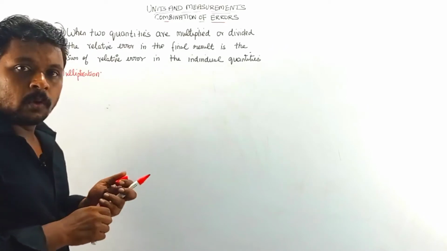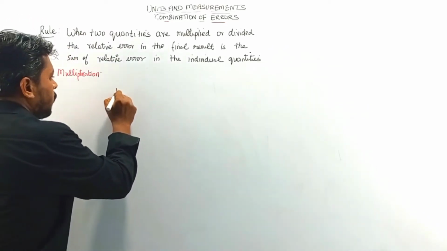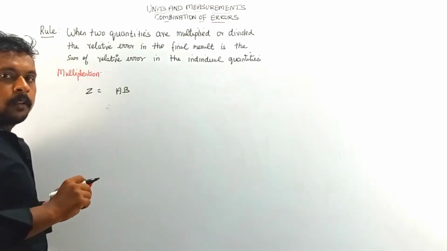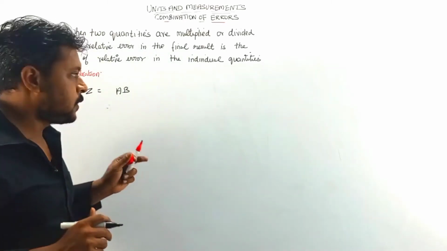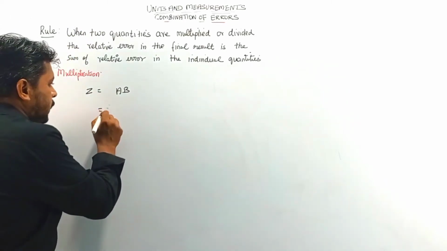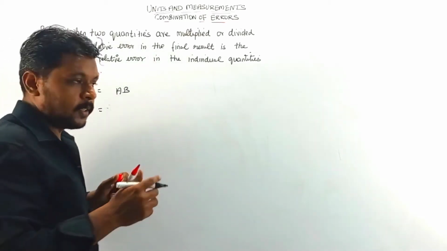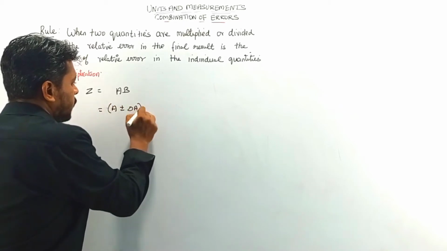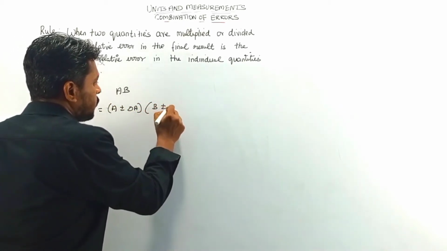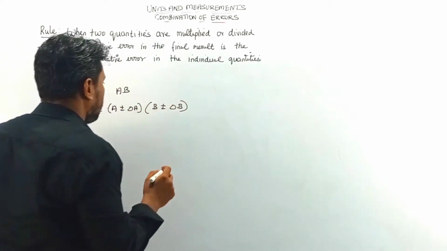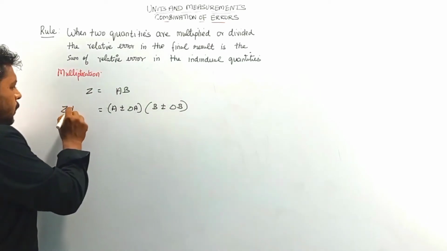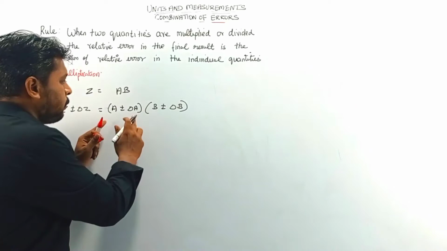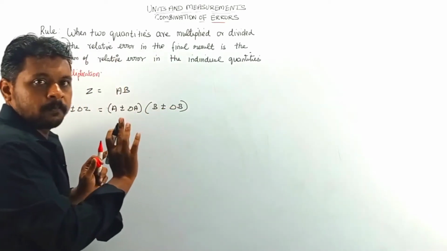So let us take two physical quantities A and B. The product of A and B is Z. Now I am representing A and B with errors: A plus or minus delta A, similarly B plus or minus delta B. Similarly, Z is also Z plus or minus delta Z. Now I am going to multiply this term with this term.